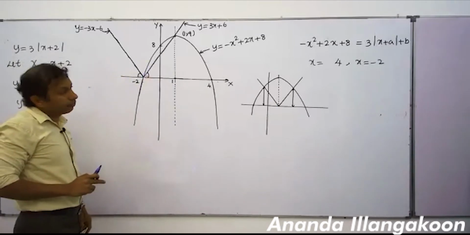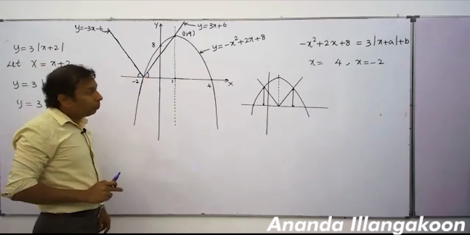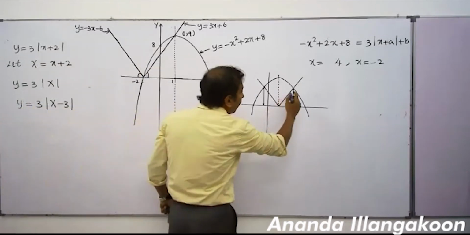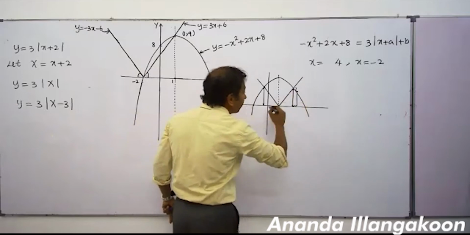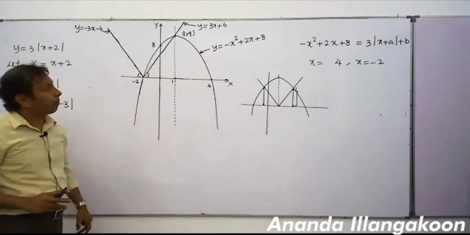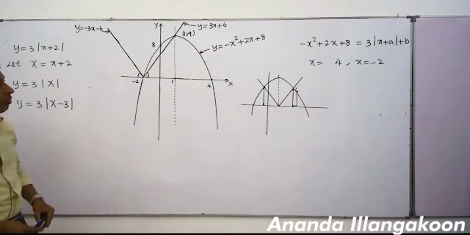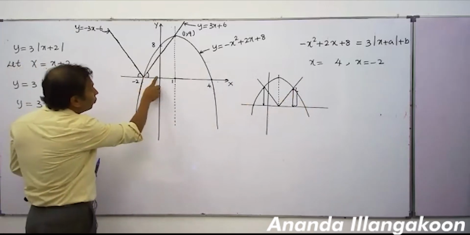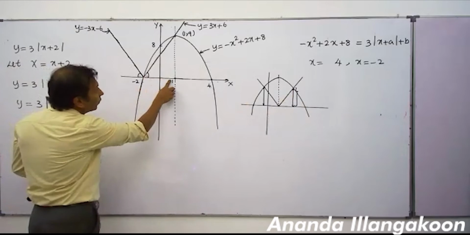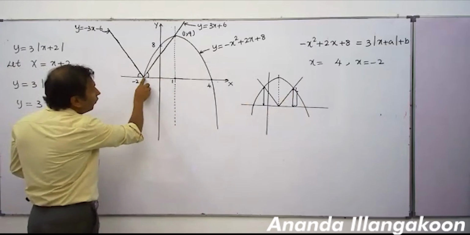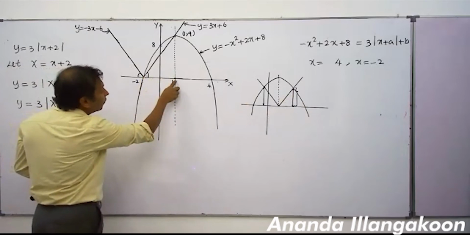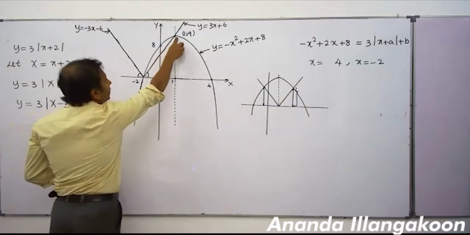Now, what is this height, that occasion? People, you know, this is 2 units, this is 1 unit. Then when we go 3 units away from this vertex to this line, the height is 9.